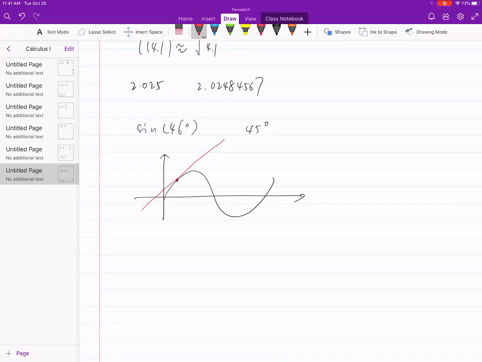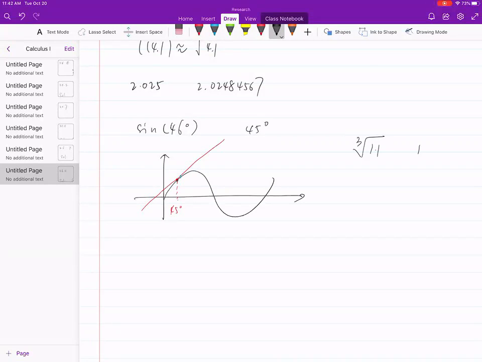Then I'm going to say this is what happens at 45. 46 degrees is here, but really I'm going to use the value on the red line instead. That's not going to be a bad approximation. Sounds good? Can you do this? I'm going to use the info from 1. Again, locally, straight line. Value on the line. It's not accurate, but it's close.